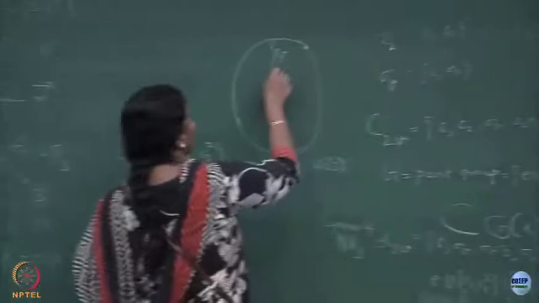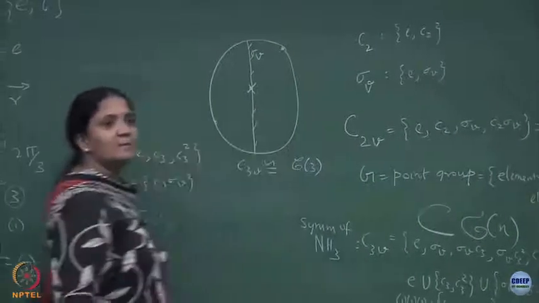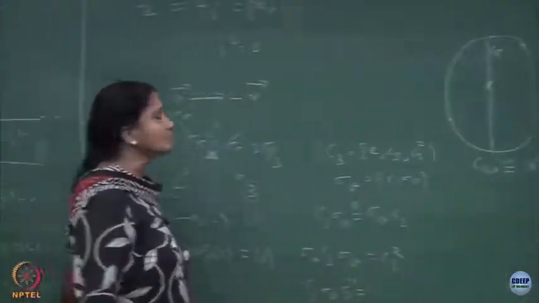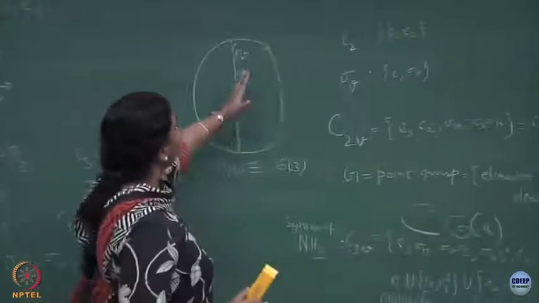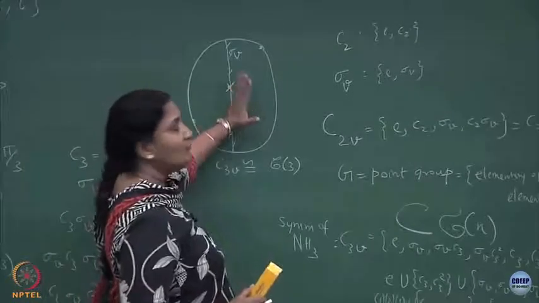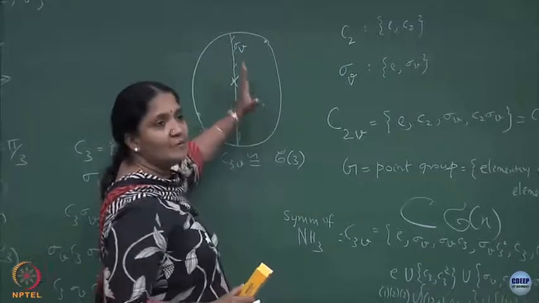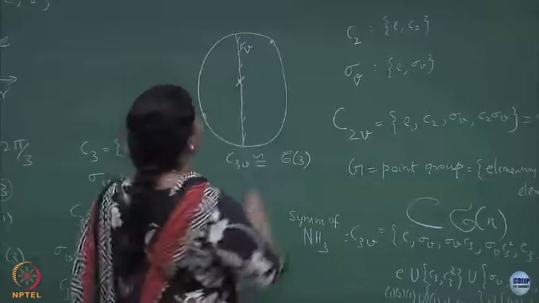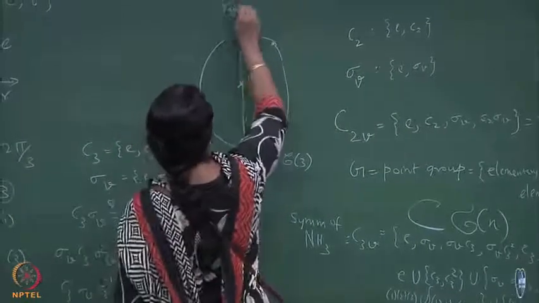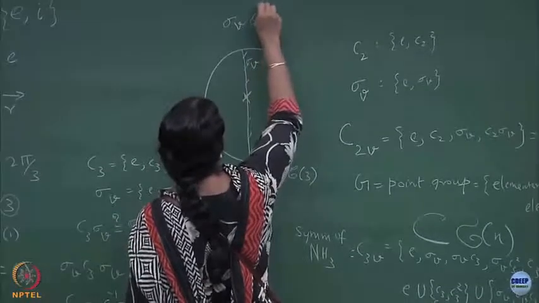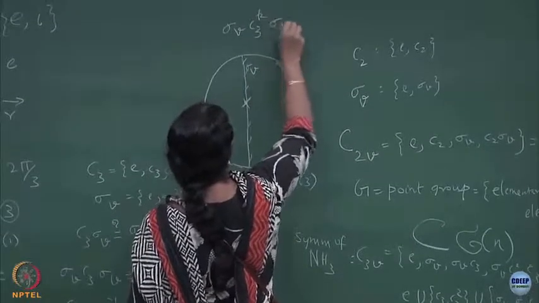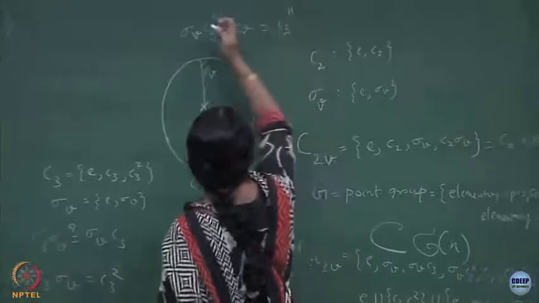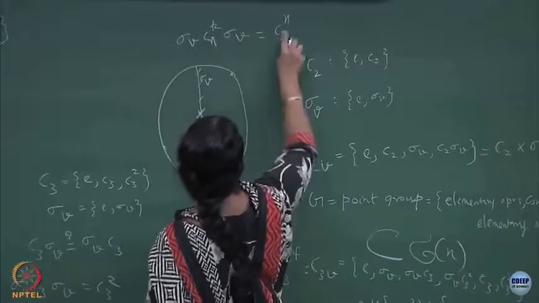The sigma v plane here, if you want, you can draw as if it is a mirror. If you have a sigma v plane containing the principal axis, here also you can show that sigma v C3 sigma v is C3, sorry, not C3, Cn in general.